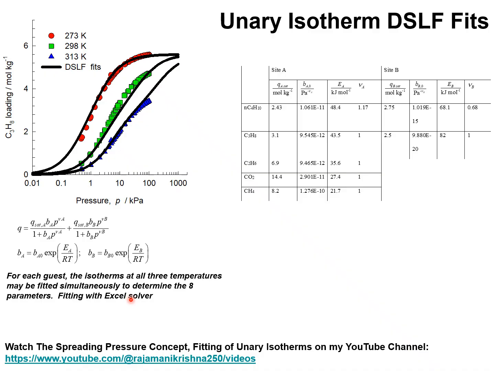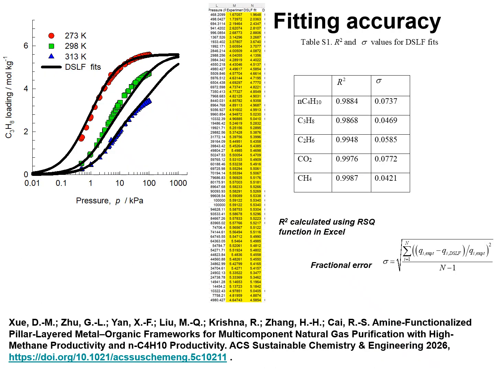The accuracy of the fitting of the unary isotherms is quantified in this paper by data on two parameters, r squared and sigma, that are tabulated in the supporting information accompanying this paper.